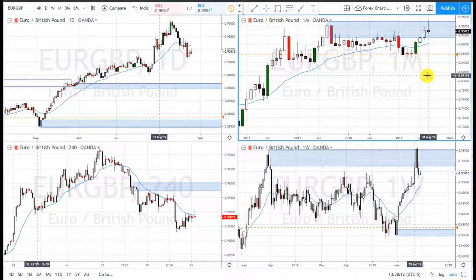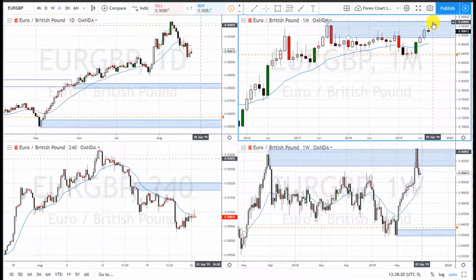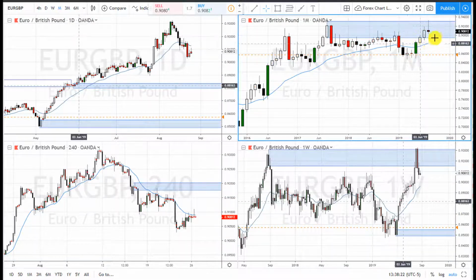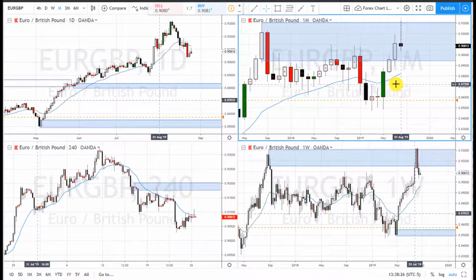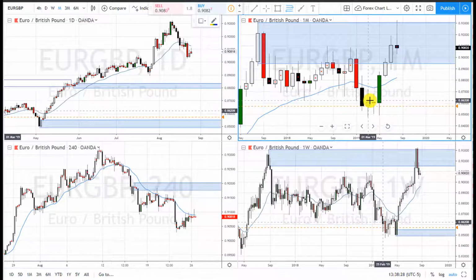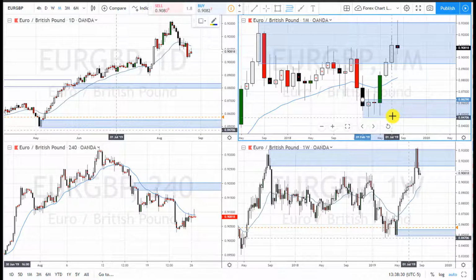We want price to close higher, but regardless, it did break this area of supply on the monthly. So we have a brand new area of demand created down here.